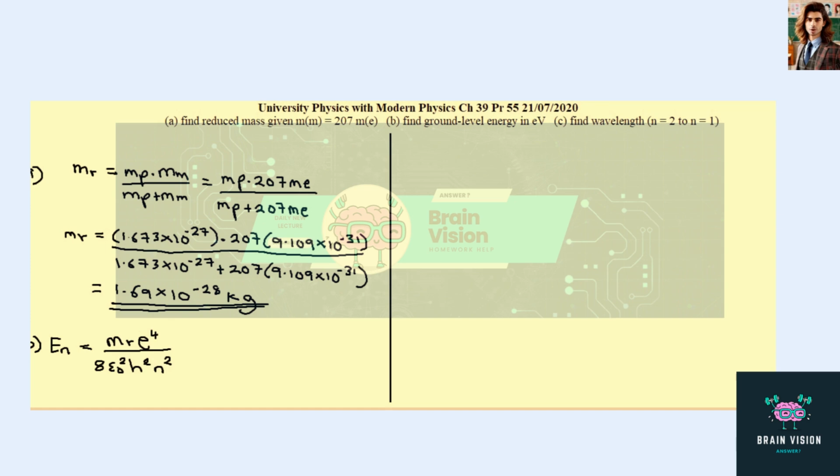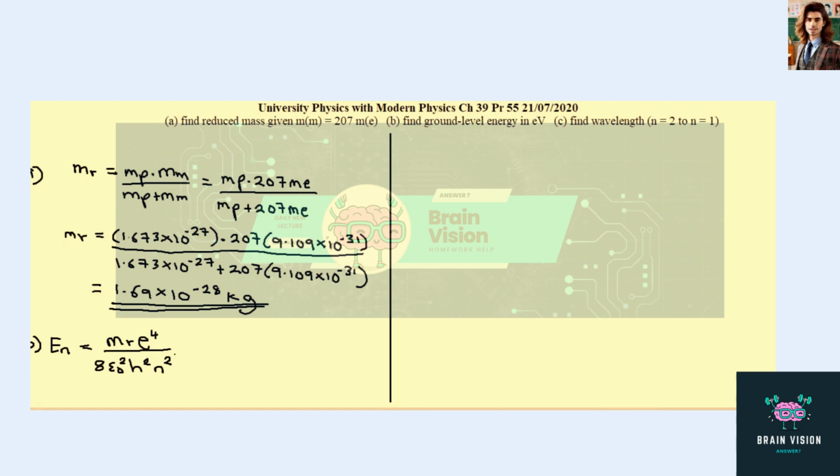The m sub r in this formula is the reduced mass of the hydrogen-like atom. In the case of the hydrogen atom itself, the mass of the electron is usually put in place of the reduced mass, and we shall soon see why this is so.